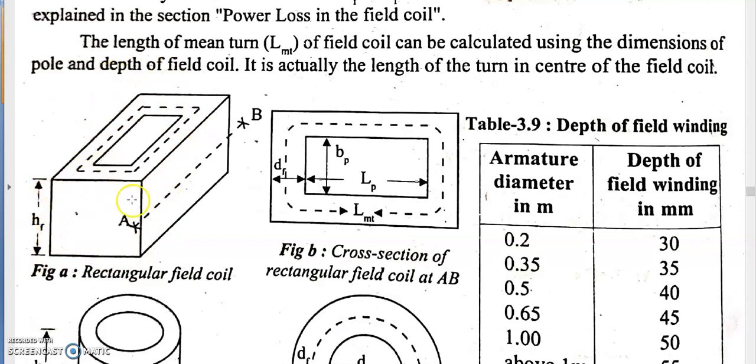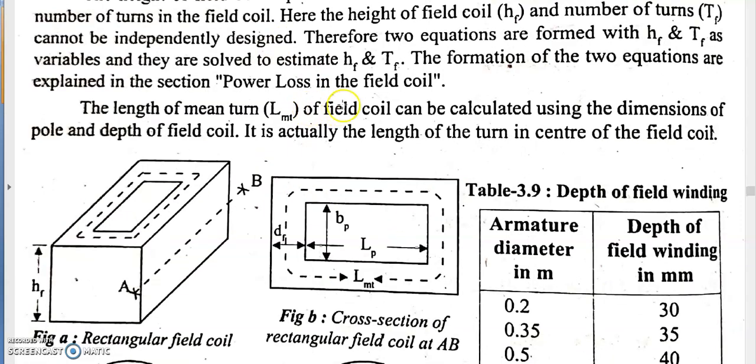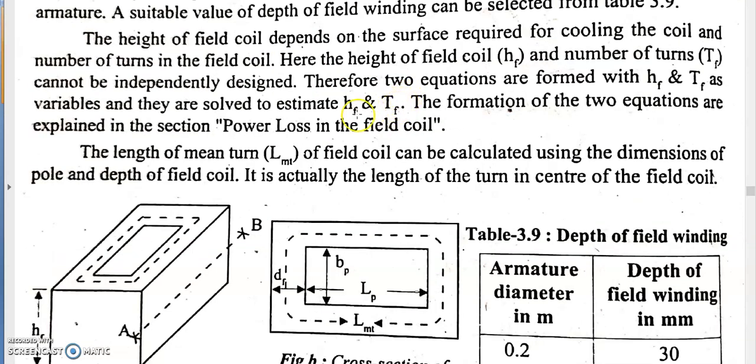Another equation is based on the conductor area. We will estimate HF and TF from these two equations, which we will discuss shortly. That is actually from the power loss in the field coil equation. We will get the HF and TF equations, two equations to solve the two unknown parameters.